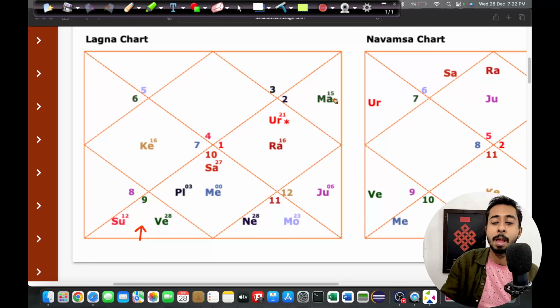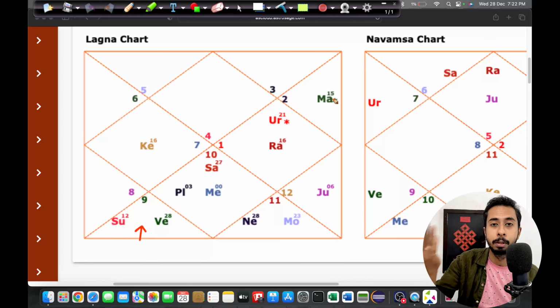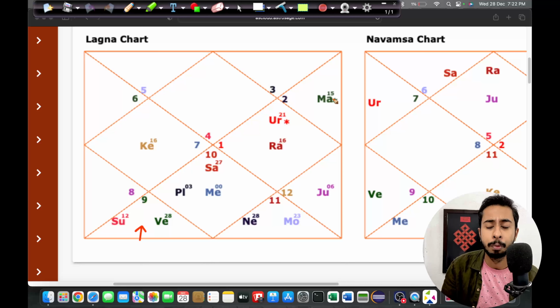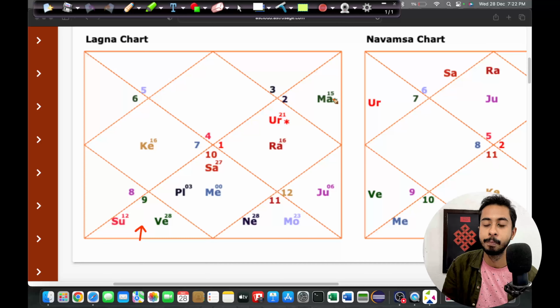It's not like everything here will happen all the time in your life, no. When the time of Mars comes, then you will see the effect of house number 11. You have some concepts of constellation, star lords. We'll see that afterwards, but for now you understand that this is the overview of your chart. In this way it works.